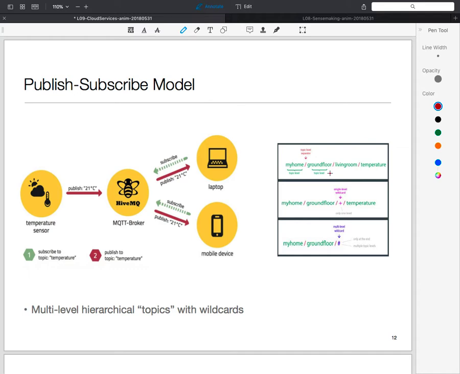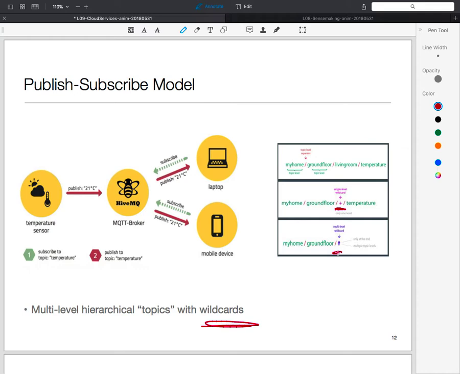The nice thing in the system is that it's a hierarchical topic structure with wildcards, and that's a very important part. For example, if you see on the top right, there are two types of wildcards. There's a plus wildcard and there is a hash wildcard. So you can give a complete name just like a directory path, but you can also skip levels.